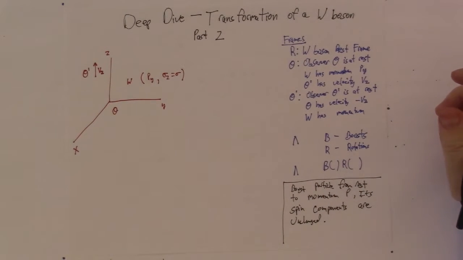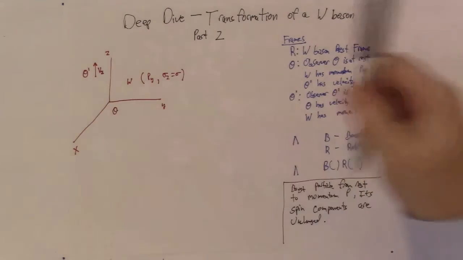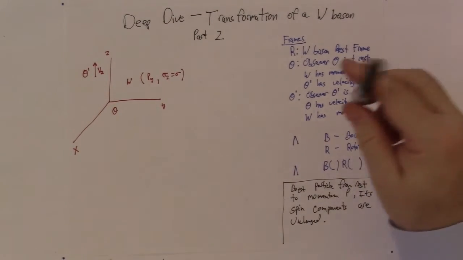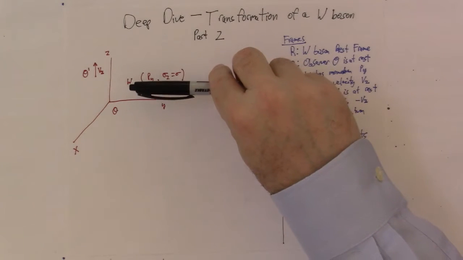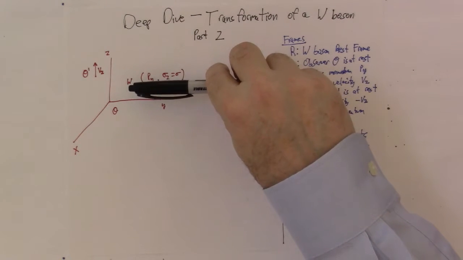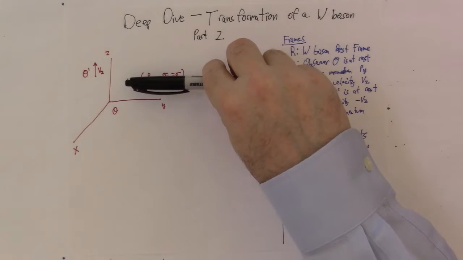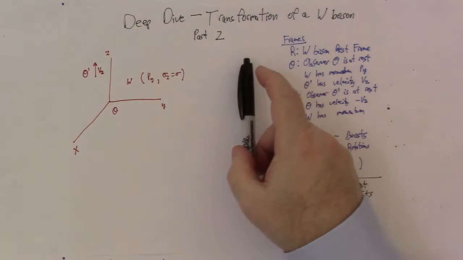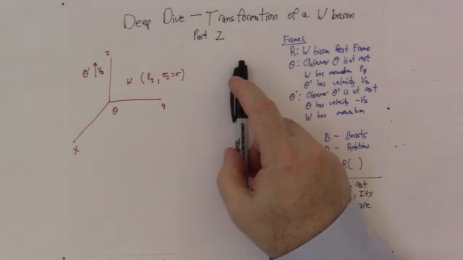So you might think that in this particular problem that would solve our problem very quickly, because all that's happening here is a simple velocity addition that we do in special relativity. It's got a certain velocity in this direction and then a certain velocity in this direction.